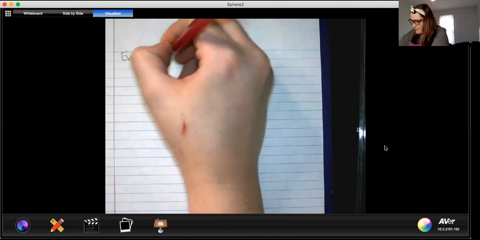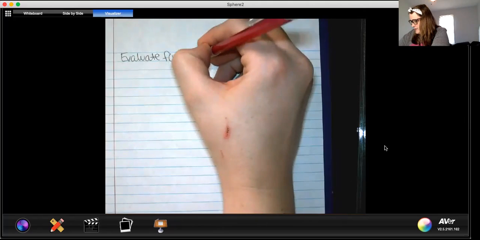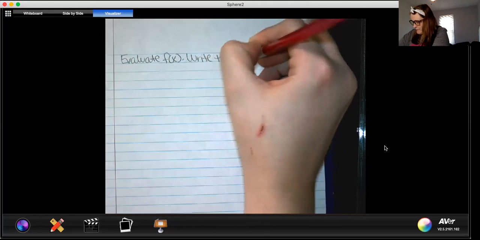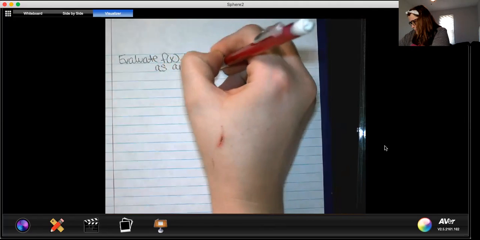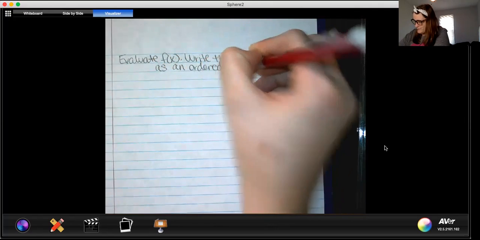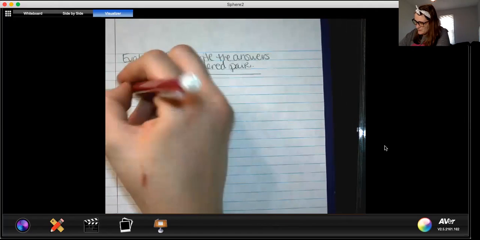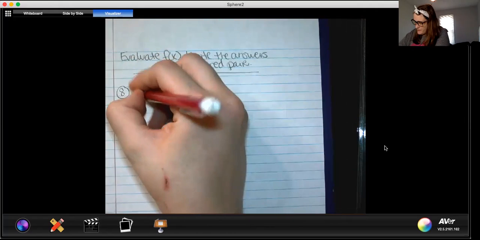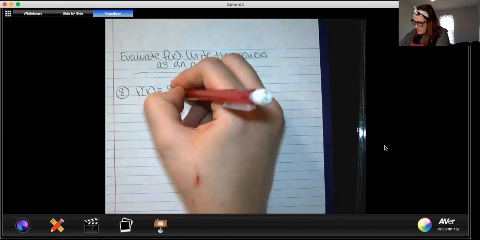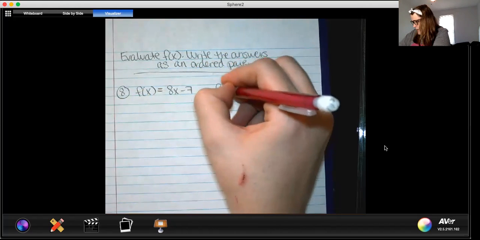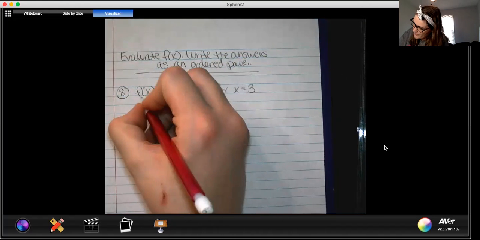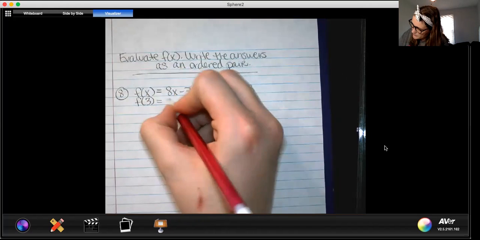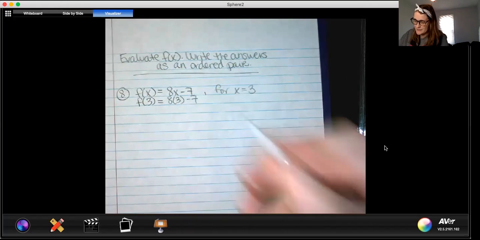We're going to evaluate f of x, and we're going to write the answers as an ordered pair. So number 8, f of x equals 8x minus 7, for x equals 3. So I'm going to substitute 3 wherever I see x. f of 3 equals 8 times 3 minus 7.